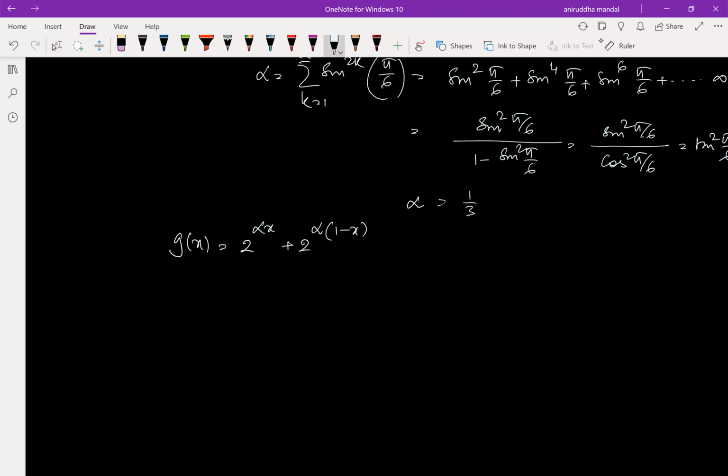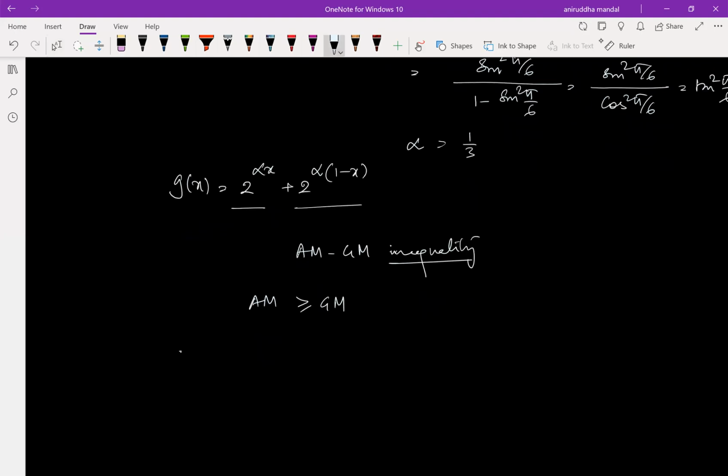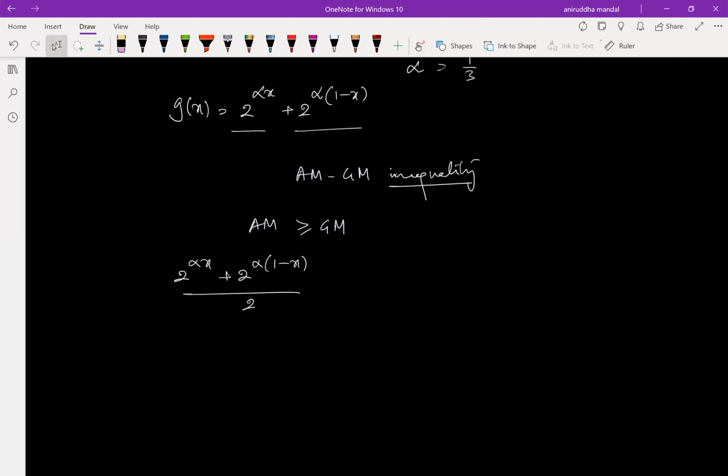Okay, let's say these are two parameters, a and b. So let's say this is a and this is b. So using AMGM inequality, we know AM is greater or equal to GM. Now this 2 to the power alpha x plus 2 to the power alpha into 1 minus x, divided by 2. So the AM of this term is greater or equal to GM.